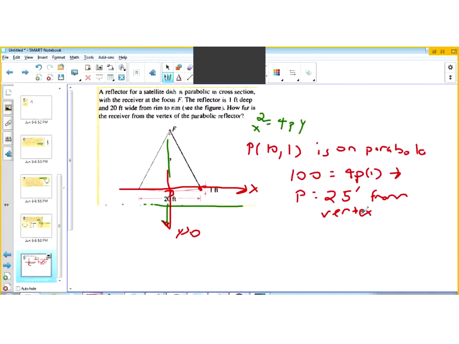This would be my guess how to solve the problem. The vertex, as far as the receiver. So the trick is to find a coordinate system for this that works.